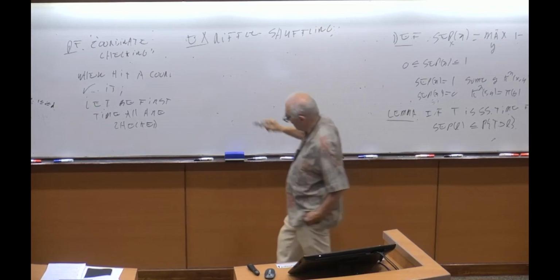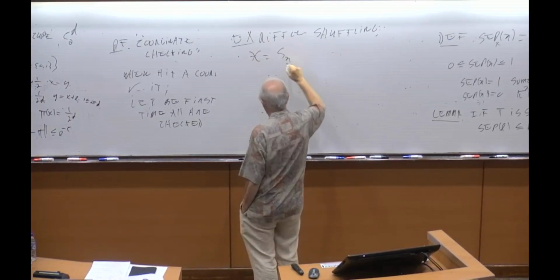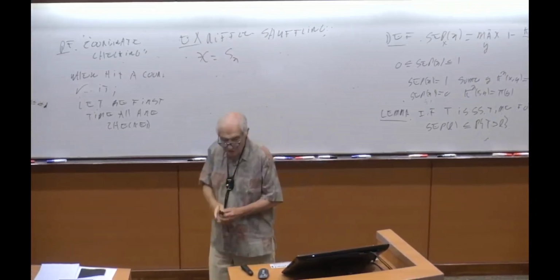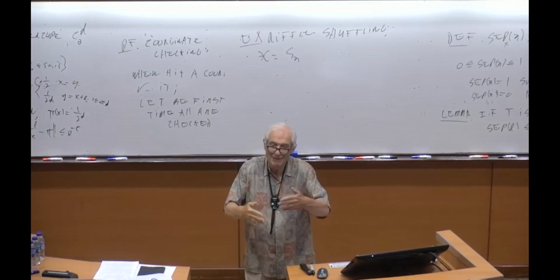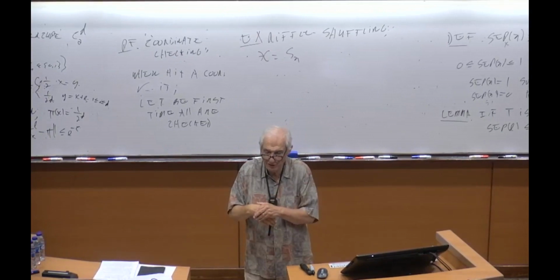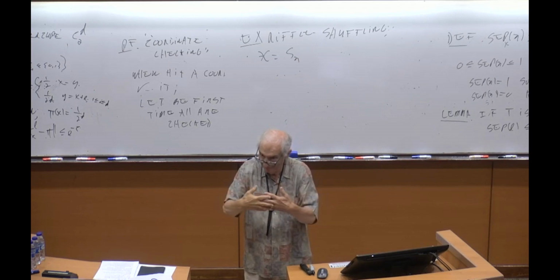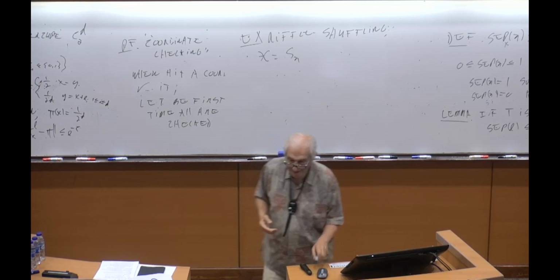Here my state space X is S_n, all n factorial permutations. And the measure I'm going to be analyzing is the measure that people use when they shuffle. You cut the cards about in half and you go like that. Of course, you have to make math out of that. So let's make math out of that.